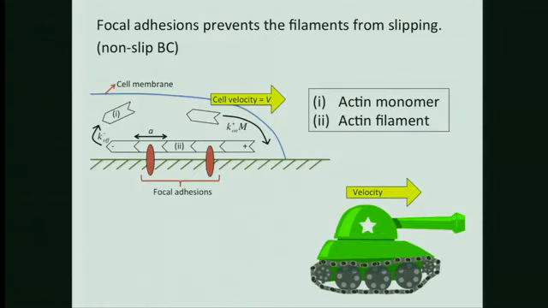This is the same picture again, just to illustrate the importance of focal adhesion. The focal adhesion basically prevents the filament from slipping as the monomer polymerizes at the front.